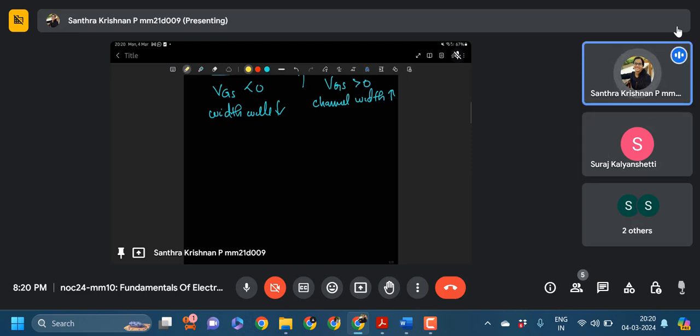Then any other question? Valid comparison between BJT and JFET. Have you tried that? Question 3. In a BJT both carriers can flow.